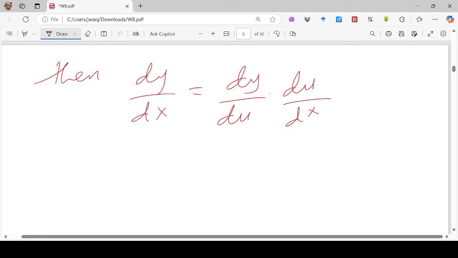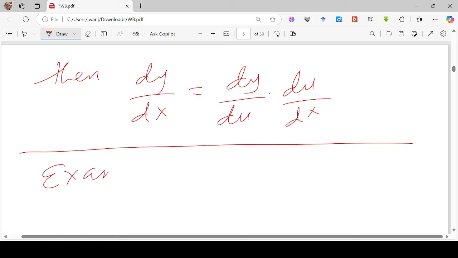This method is called the chain rule. And we are going to do an example.